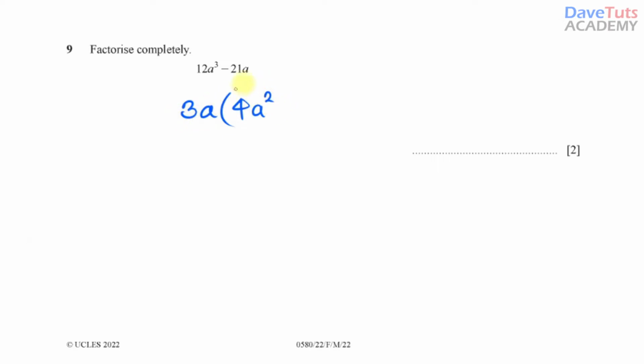And if we are taking 3a out of 21a, that means we are having 7 remaining. So 3a times 4a squared, 3 times 4 is 12, a raised to power 1 times a raised to power 2 is a raised to power 3. Then 3 times 7 is 21, then a. So here, the complete factorization will give us 3a into 4a squared minus 7 as a solution in this case.